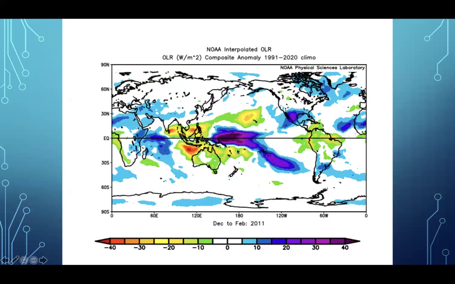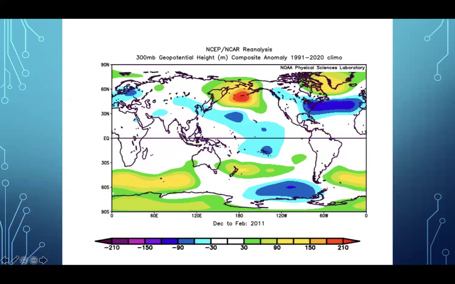Tropical cyclones that organize in this area over the South Pacific can induce a ridge response up here, which can look a lot like what you would get if you had mean state convection centered on the dateline. And here is the pattern in 2011, where there's South Pacific forcing and a Rossby wave train response.